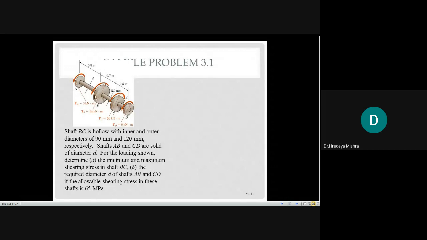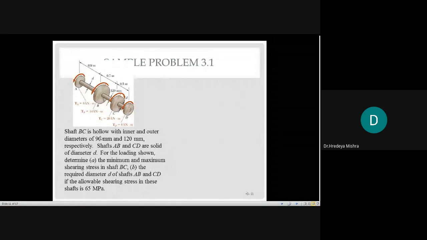So here we can see shaft BC is hollow with inner and outer diameters of 90 mm and 120 mm.